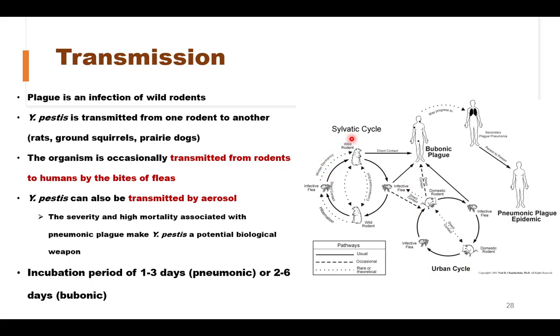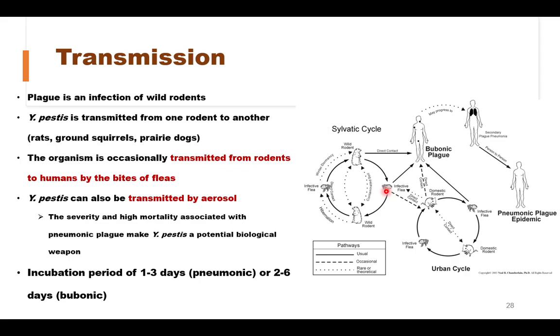The sylvatic means that you have the wild rodents in non-built-up areas, like in wooded areas, in the bush, okay? So what happens is that an infected wild rodent is fed upon by the arthropod vector, which is a flea in this case. It feeds on blood. After feeding on blood that contains Yersinia pestis, the organism does something to the feeding tube of the flea so that it blocks it.